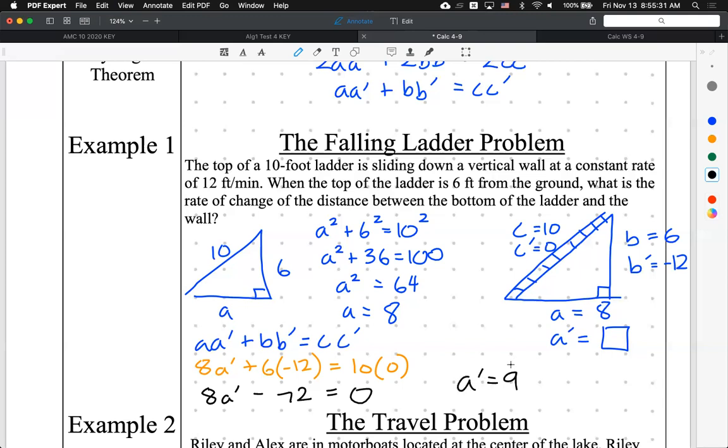And now, an interpretation question for the entire class. 9. Does that mean 9 is going to the right, or is that going to the left? I mean, in our picture, we could have had it flipped, but I guess I should be asking, is it going away from the wall, or is it going towards the wall? Give me a thumbs up if you think it's going towards the wall, thumbs down if you think it's going away from the wall.